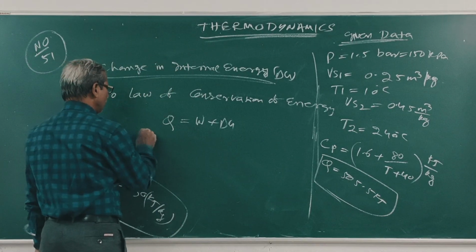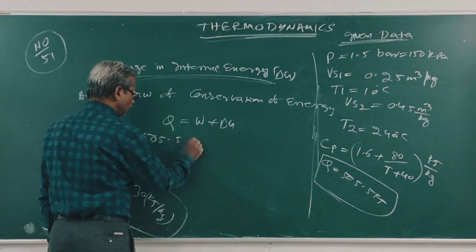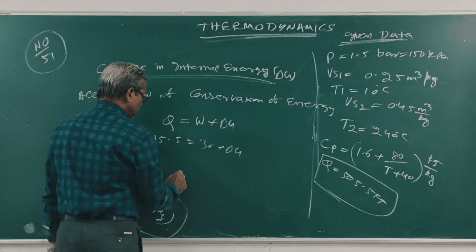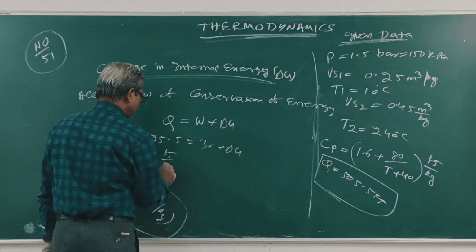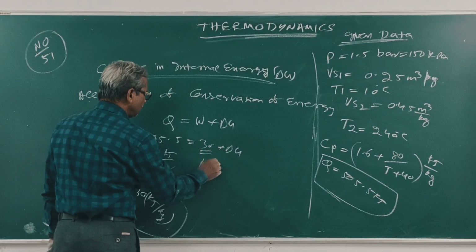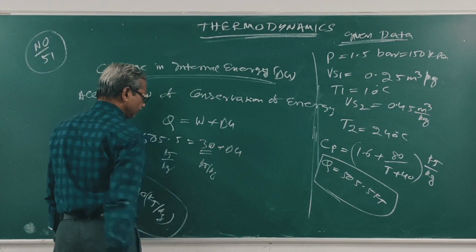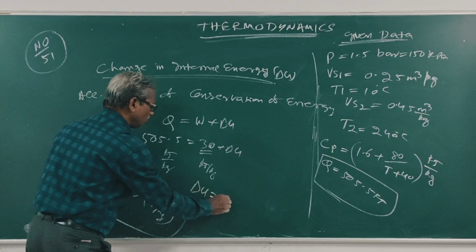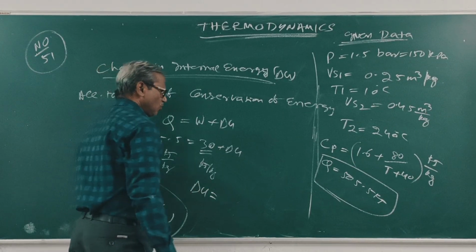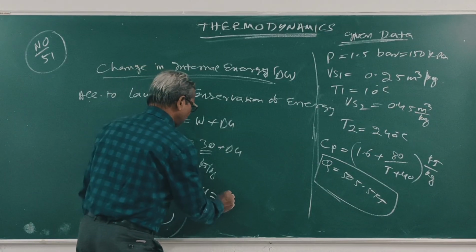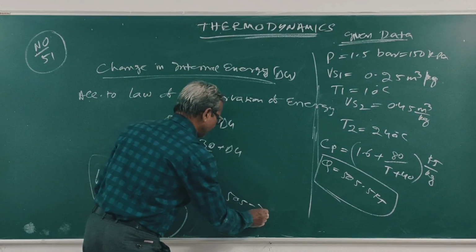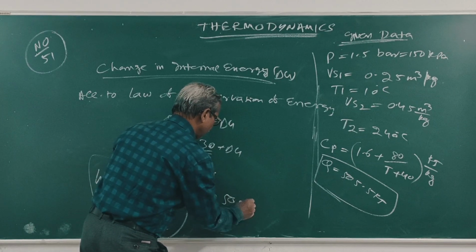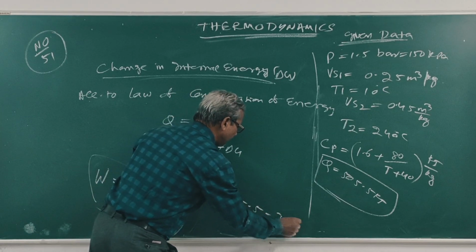What is Q? 505.5 is equal to 30 plus del U. This is kilojoule per kg. Clear? So del U is equal to 505.5 minus 30 kilojoule.